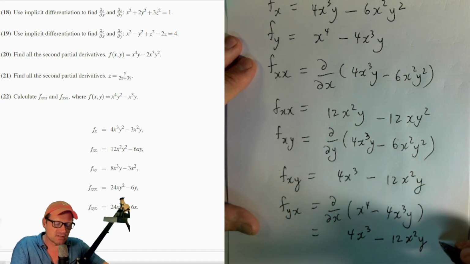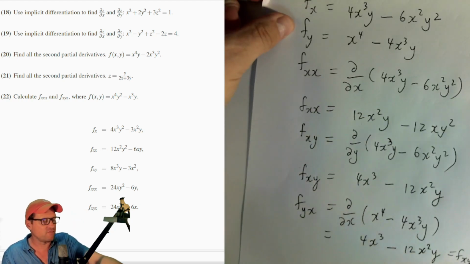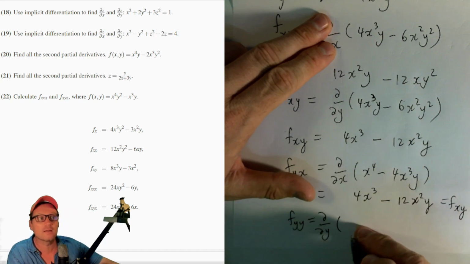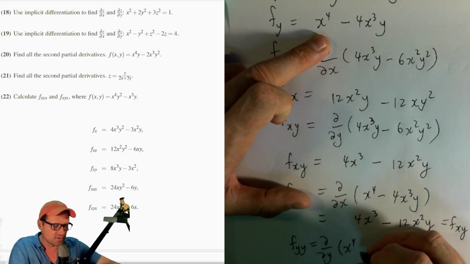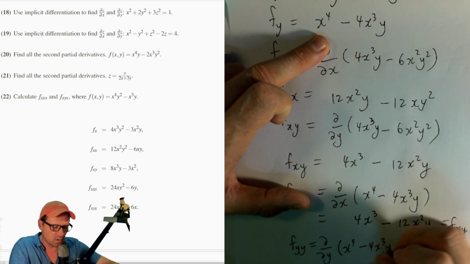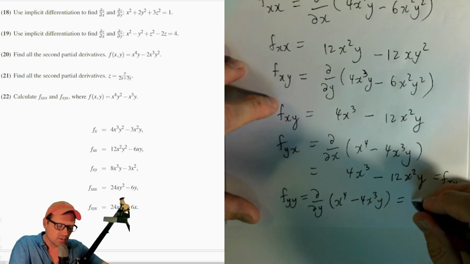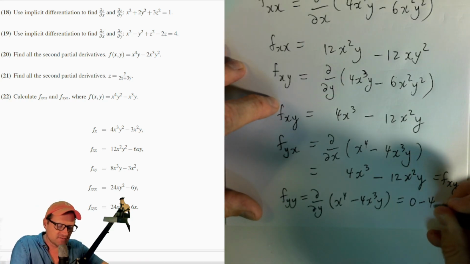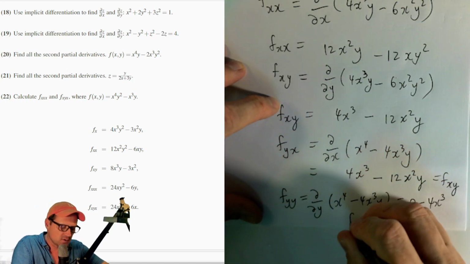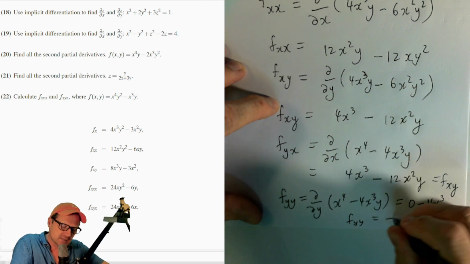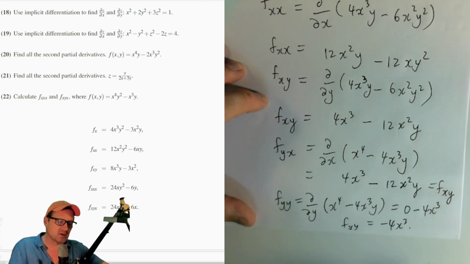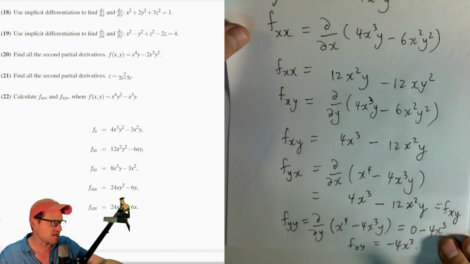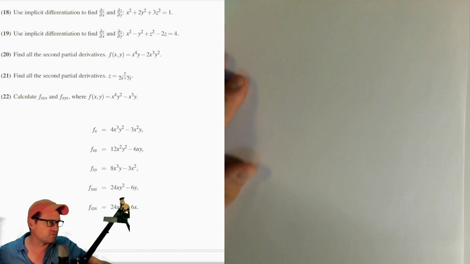Yes, that matches. So what remains here is f subscript yy. Differentiating this line, x to the fourth minus 4x cubed y, that's f subscript y. So we have 0 minus 4x cubed, and so f subscript yy is minus 4x cubed. So that's all of those second derivatives, all four of them.